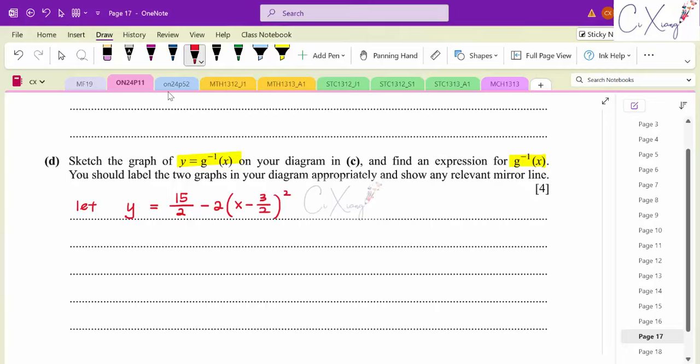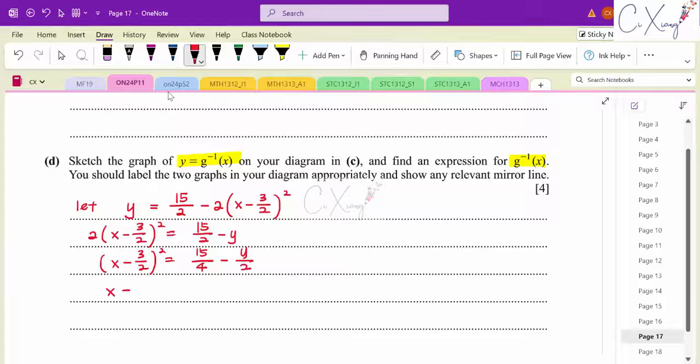If you want to have x equals something in terms of y, I will move the 2 here. Then I will have 15 over 2 minus y. Then I divide the whole thing by 2.